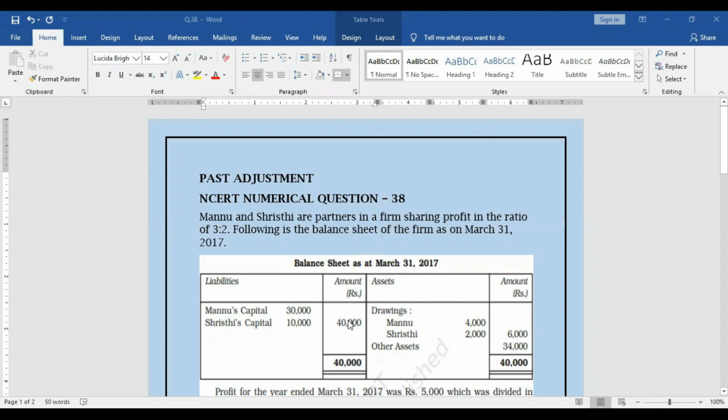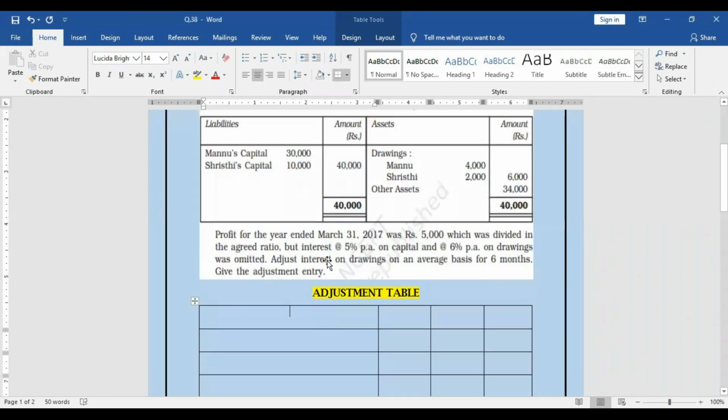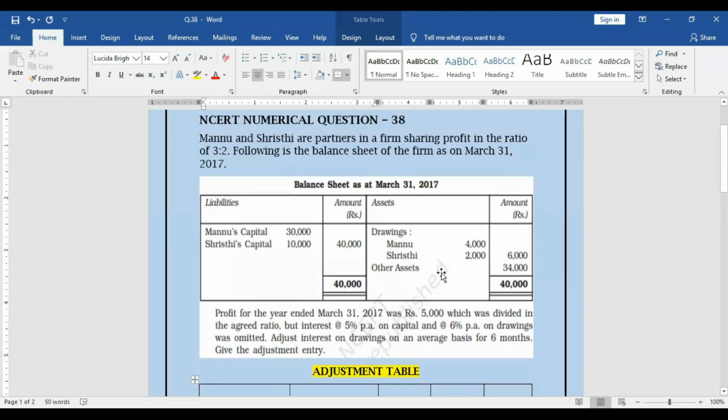The capital of both partners is given, the drawings of the partners are given, and additional information: profit for the year ended 31st March 2017 was 5,000, which was divided in the agreed ratio, but interest at 5% per annum on capital and 6% per annum interest on drawings was omitted. Interest on drawings is on an average basis for 6 months. Give the adjustment entry. This is the summary of the question.